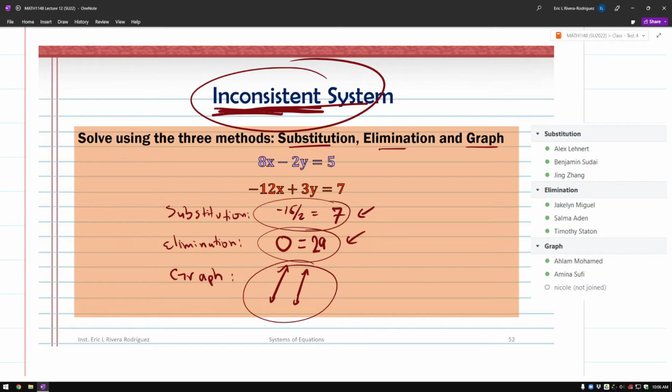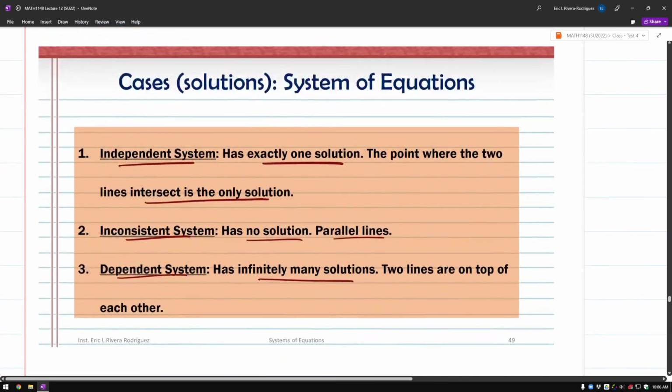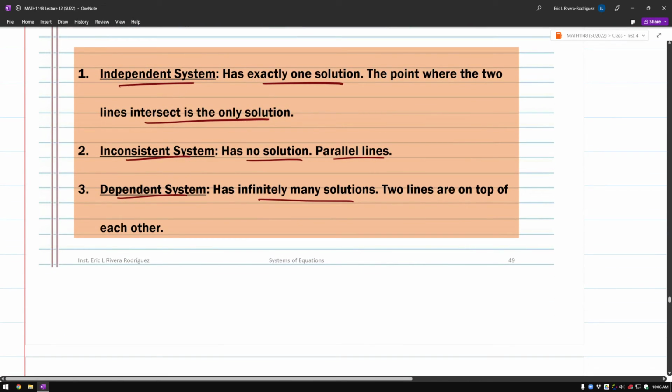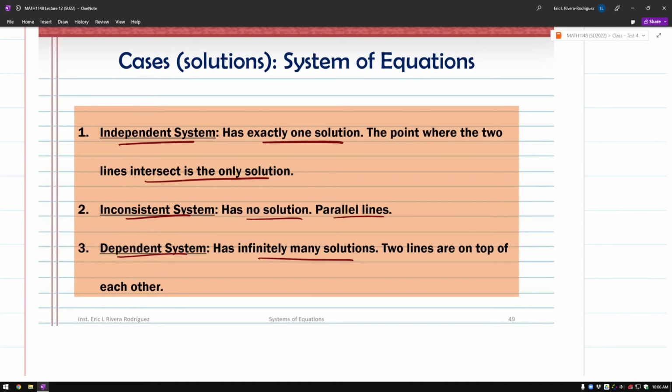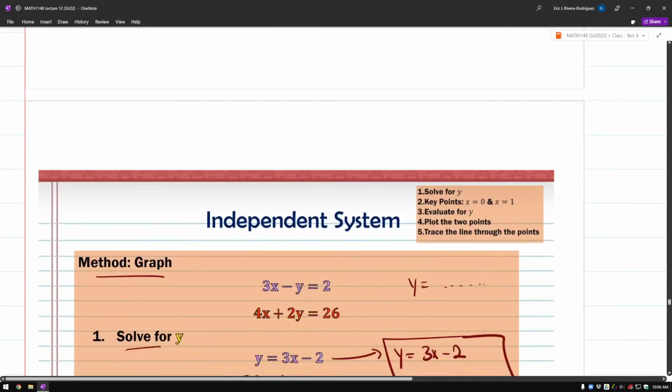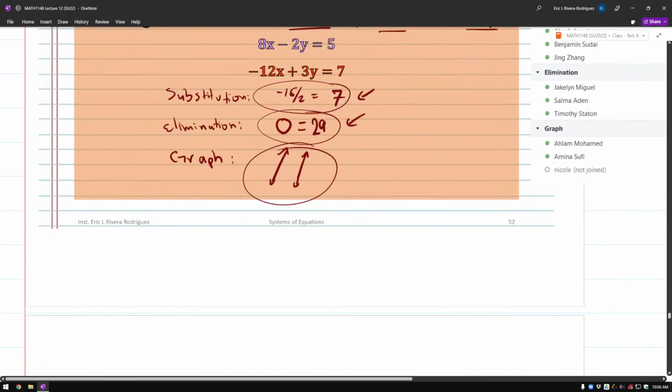Were you expecting to get x and y values on this? Okay, but that is not always going to be the case. When we are working with systems of equations, we could have an independent system where we are going to get x and y values. We could have an inconsistent system where there is no solution, so our solution will be something that is false.